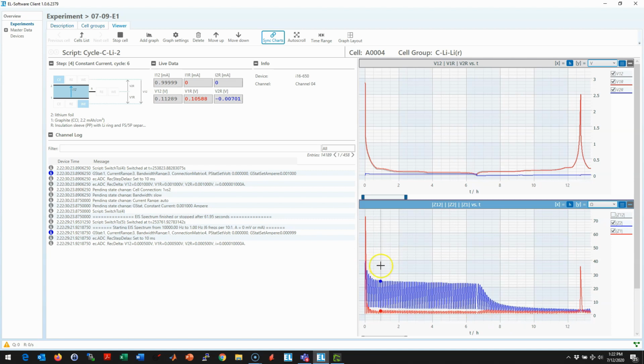Initially, during the first half cycle, we dissolve the fresh lithium metal and only leave a smooth lithium metal surface behind. So during this time period, about 7 hours, the lithium has a small surface area and so a high impedance because it's covered with the SEI layer, and this can be seen here.